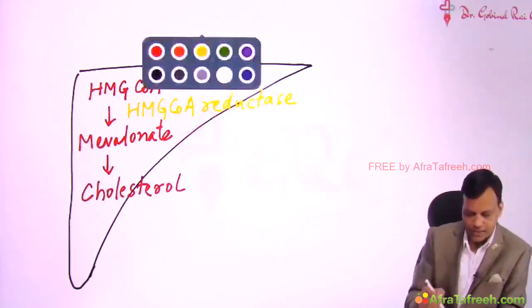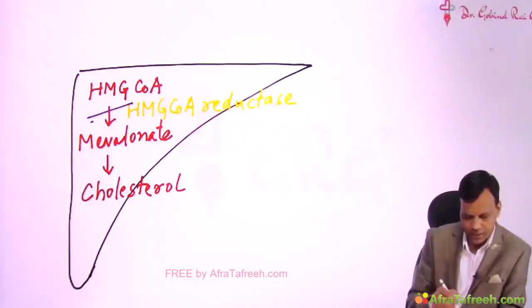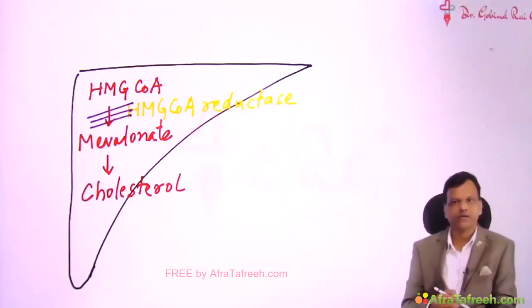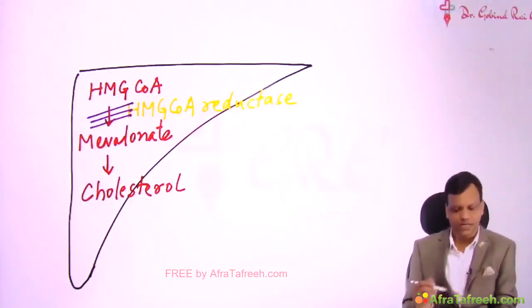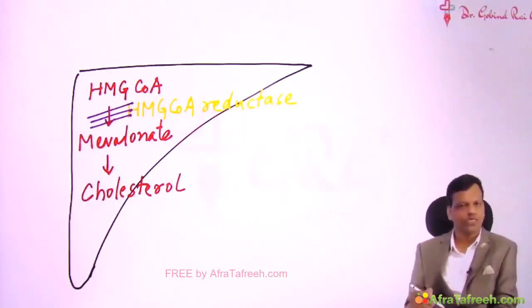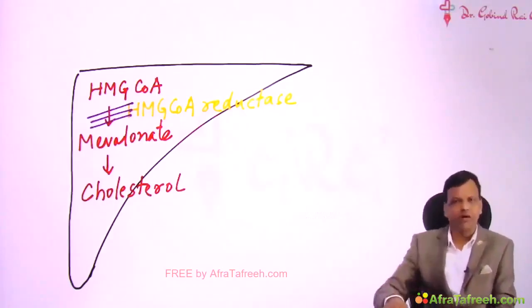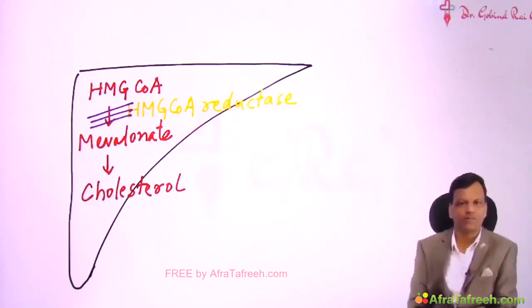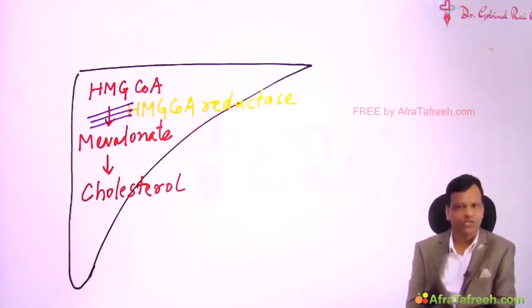So statins are the drugs which act by inhibiting this enzyme HMG-CoA reductase. When HMG-CoA reductase is inhibited, cholesterol will not be produced in the liver. Now when cholesterol is not produced by the liver, there will be a deficiency of cholesterol. The liver has to form many hormones, many vitamins and many substances by using cholesterol.